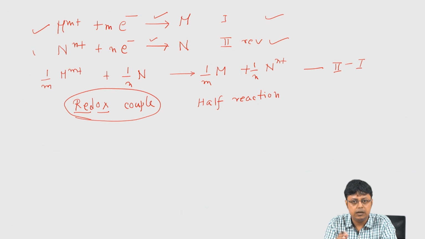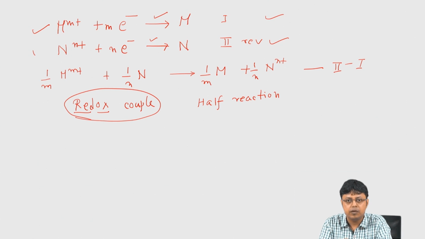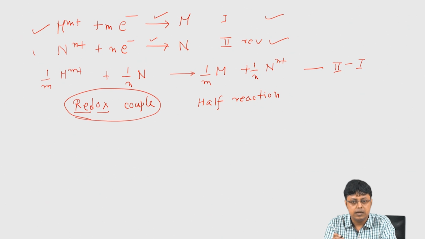That spontaneity we can always discover from the sign of the Gibbs free energy change associated with the overall reaction. If that is negative, then the way we have written the reaction is spontaneous. If that is positive, the way we have written it is not spontaneous, and the reverse way is spontaneous.